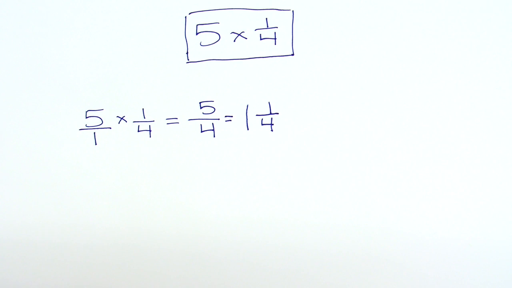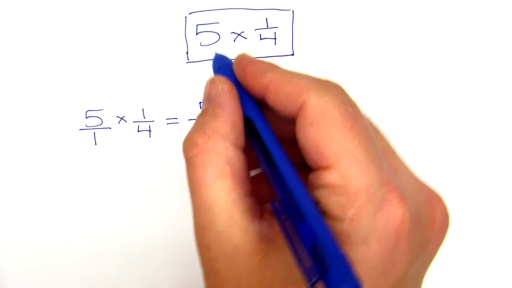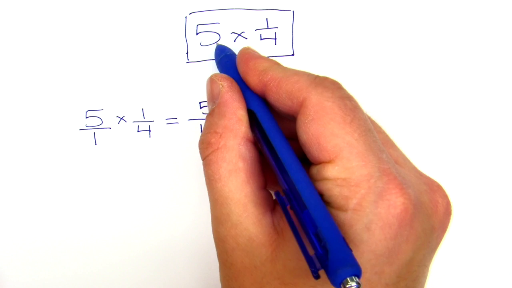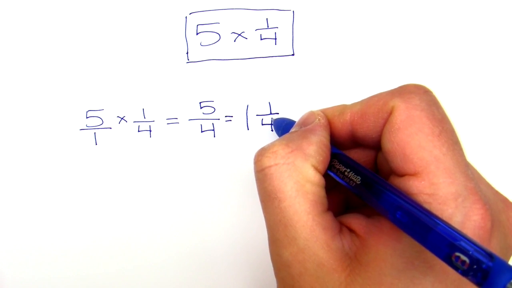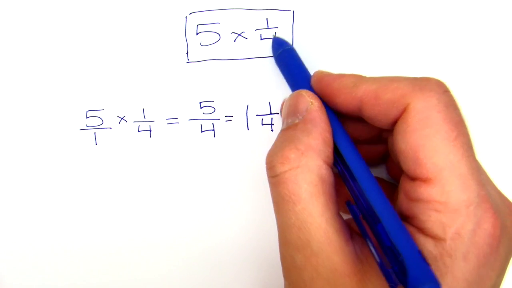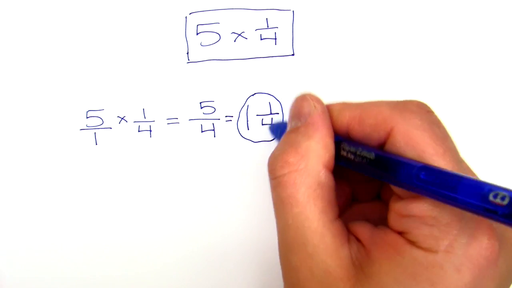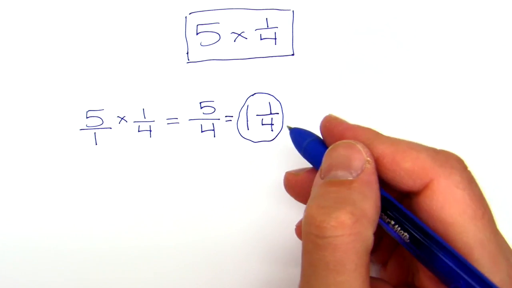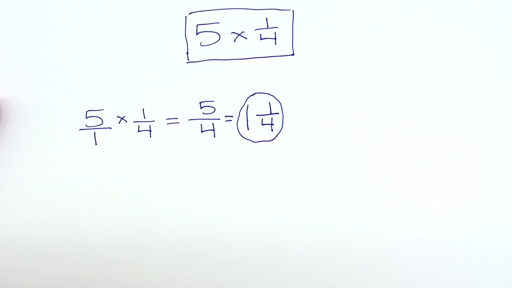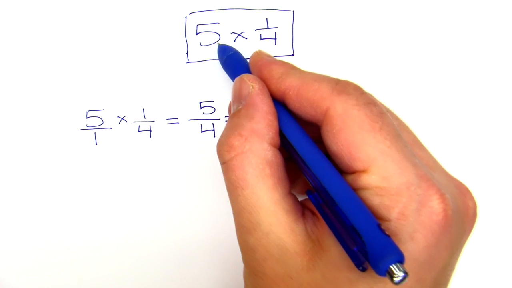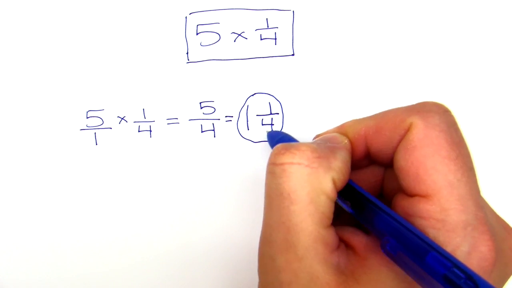Now, here's what I want you to look at for this. Why did our answer go from 5 all the way down to 1 and 1/4? We started with 5, we multiplied it, but our answer went all the way down. You were always probably taught since probably 2nd grade that when you multiply, the numbers get bigger. So why here did we start with 5, multiply, and the number got smaller?